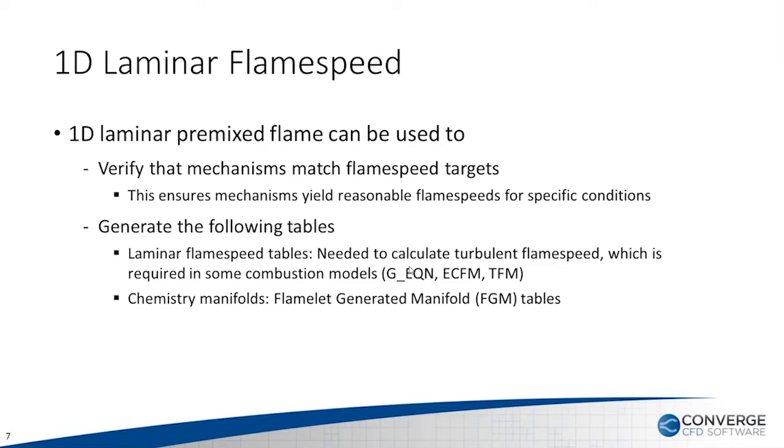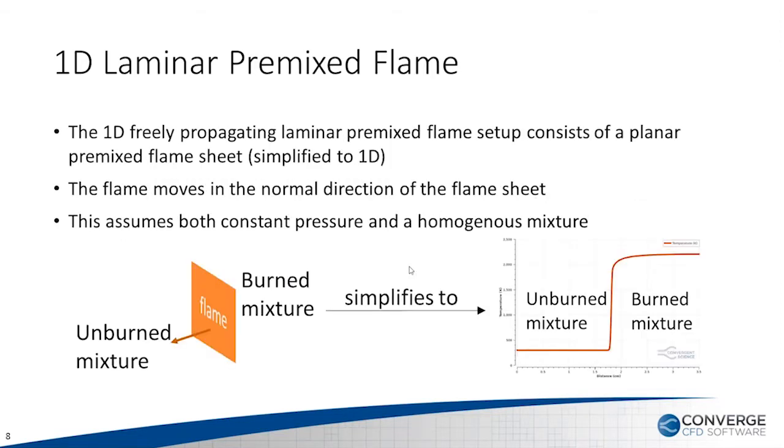Also, for another kind of combustion model, let's say, FGM, which is a flamelet generated manifold, basically, if you are solving a premixed type of flame, you have to generate a chemistry manifold, and you also can use this 1D laminar flame speed tool to generate the chemistry manifold. Basically, it has all the species information and the different progress variable conditions.